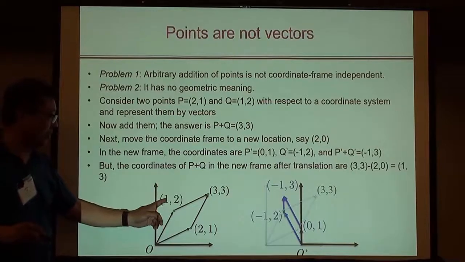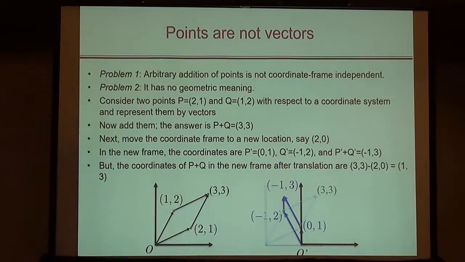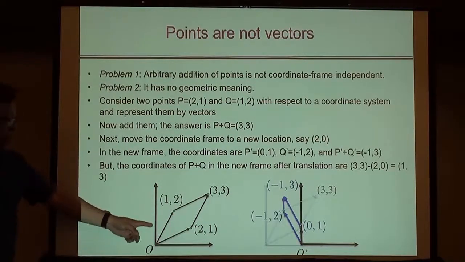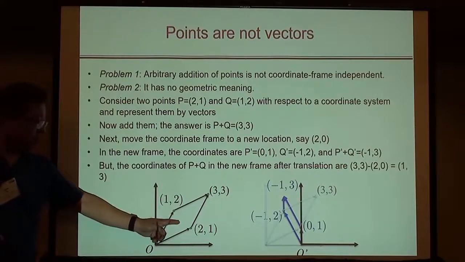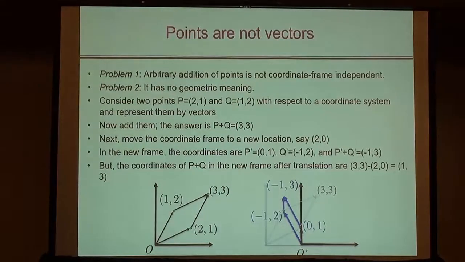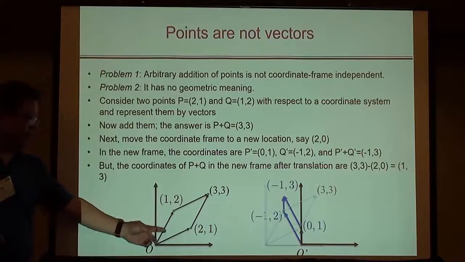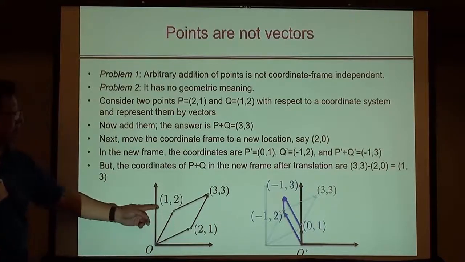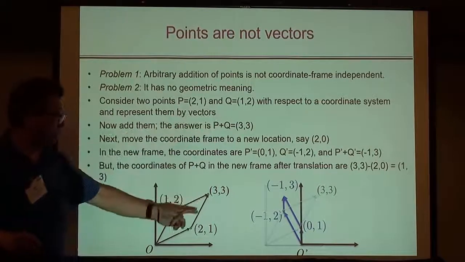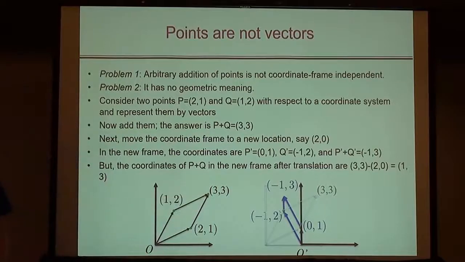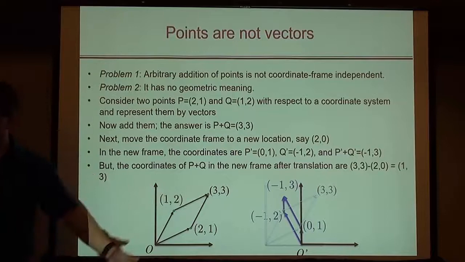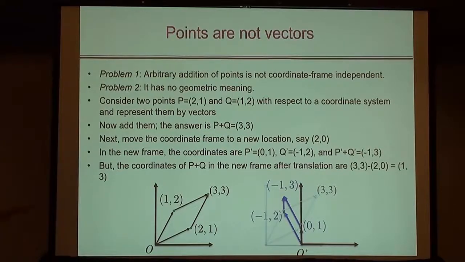One has coordinates 1, 2. The other has coordinates 2, 1. We can represent these two points using vectors. We get this vector and that vector, and we add them. P plus Q gives you a new vector, which is 3, 3. That's fine. That's what we have learned in vector algebra.